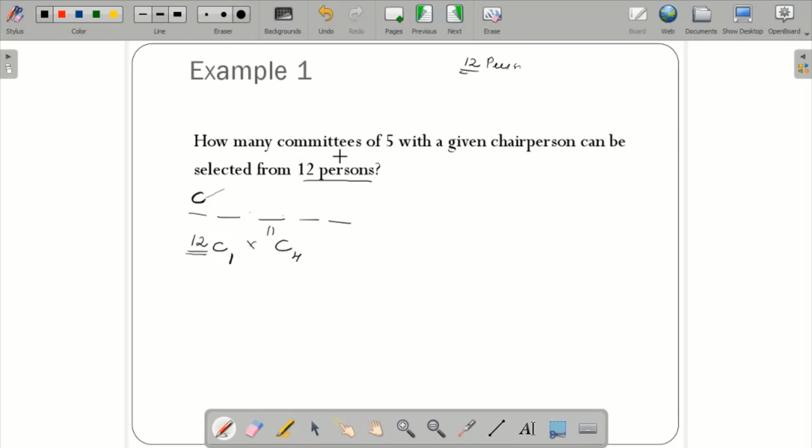So that is, how many committees of 5 with a given chairperson can be selected from 12 persons.